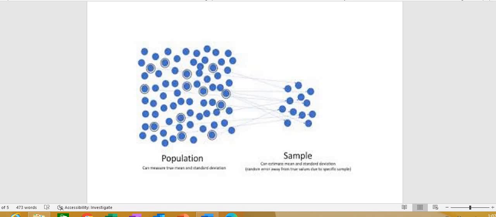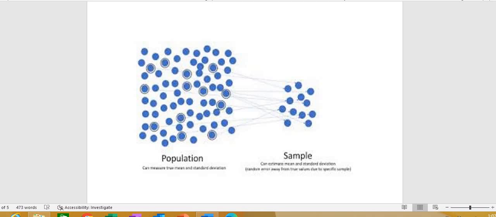Yes, your sample should be the true representative of the entire population, as much as possible.